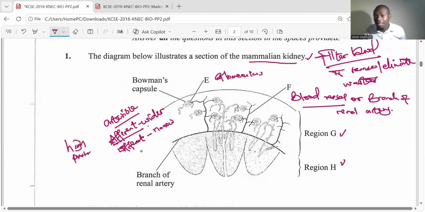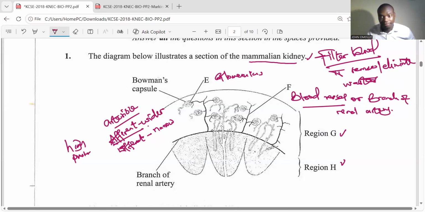To create a high pressure resulting in ultrafiltration. So that is what is going to take place at this region G first, ultrafiltration. That is the first process that will happen at this point G, right within the glomerulus. So the blood enters via higher pressure, and then ultrafiltration takes place.